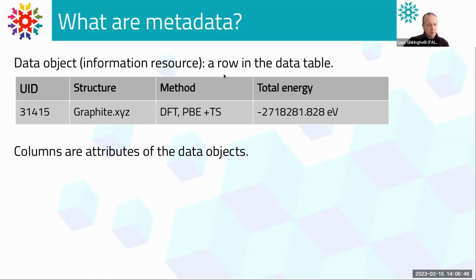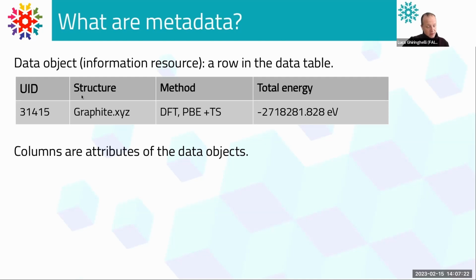That can be visualized as a row in a data table. So imagine that you have data simply stored in tables. Any row in this data table could be a data object, and here it would be like a minimal data object in computational material science, where you have some atomistic structure, some method that was used for doing a certain calculation, and some observable that was calculated.